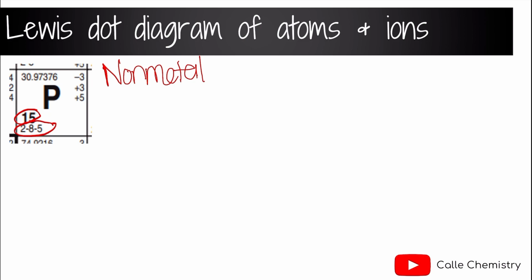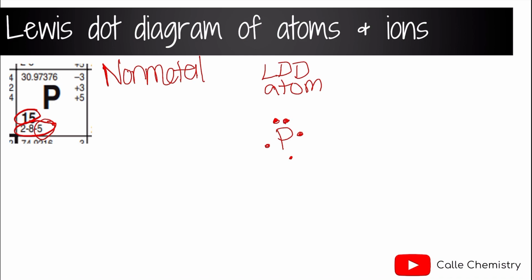What is the Lewis dot diagram of phosphorus atom? We're going to look at the valence electrons, which is 5. So that means that we're going to draw the symbol and we're going to put 5 electron dots around it.